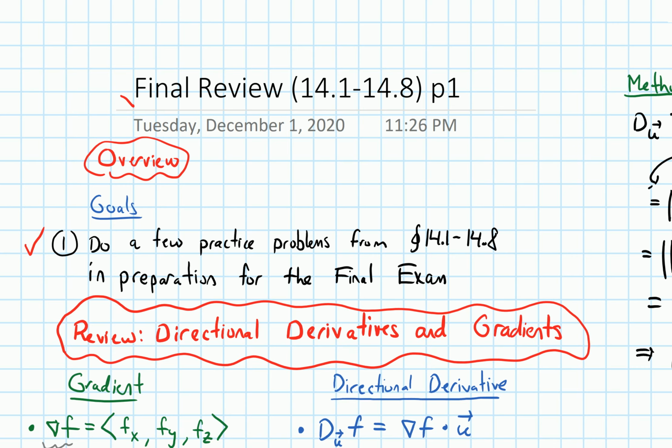That content could definitely show up on the final exam, but I had to pick and choose for my review videos. So the problems in these videos don't necessarily mean those are the kinds of questions that will show up on the final. I could definitely ask questions from sections I didn't talk about, like chain rule or limits or one of the other sections.